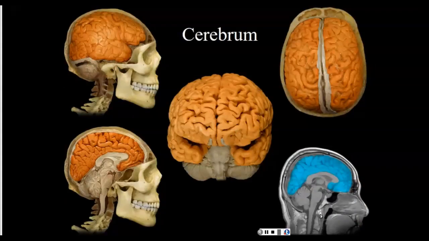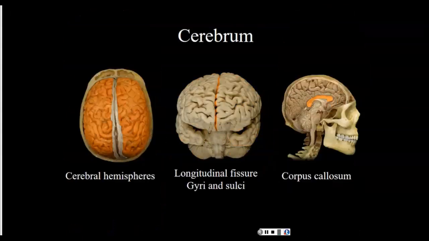The cerebrum is first. It's your biggest part. It's the wrinkly part. There are two hemispheres, a left and a right. There is kind of a line right down the middle where our sagittal plane is. That is called the longitudinal fissure.